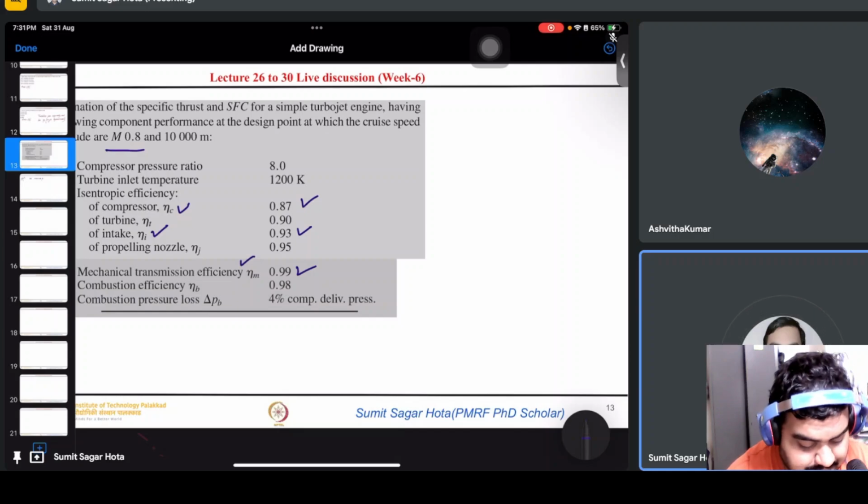So since the mechanical efficiency is given, that means we can compare the turbine work and the compressor work.